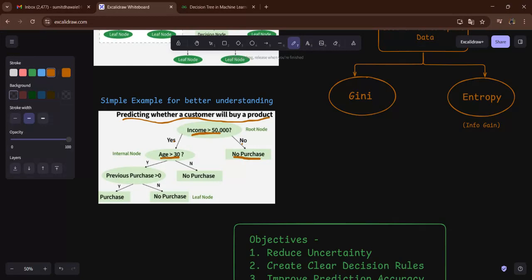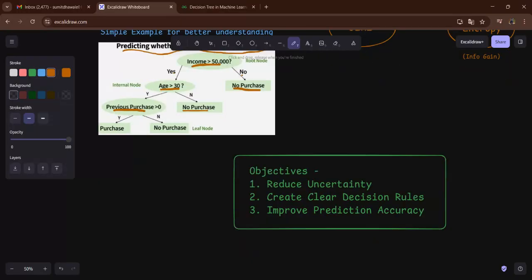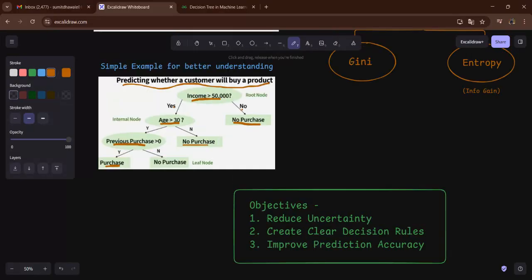If yes, the internal node has another condition: whether age is greater than 30 or not. Again there are two possibilities. If yes, then previous purchases are checked, and if no, there are no purchases. In the third internal node, we check whether previous purchases are greater than 0 or not. If yes, then he can buy the product, and if he does not have previous purchases greater than 0, then he can't buy the product.